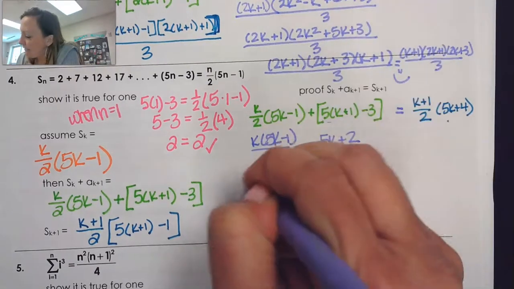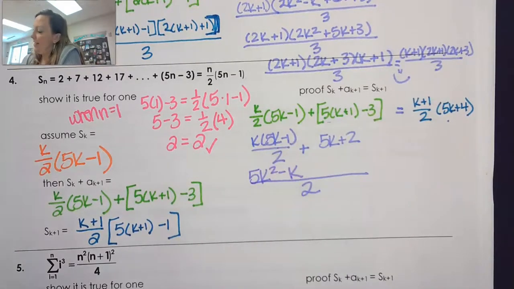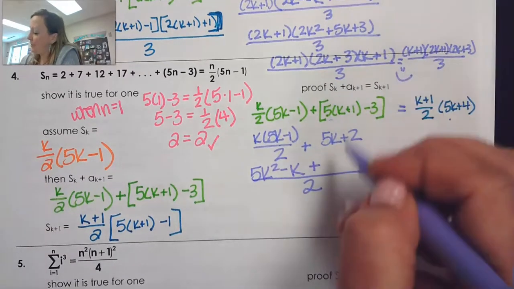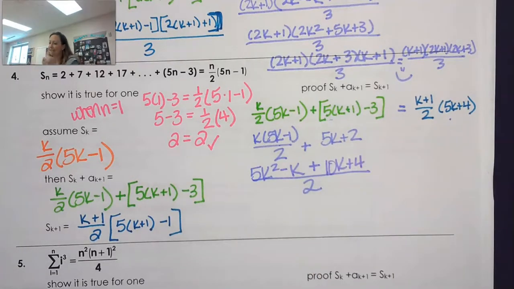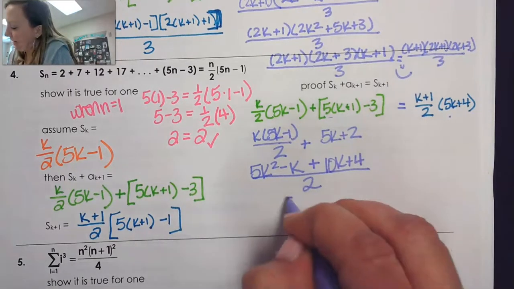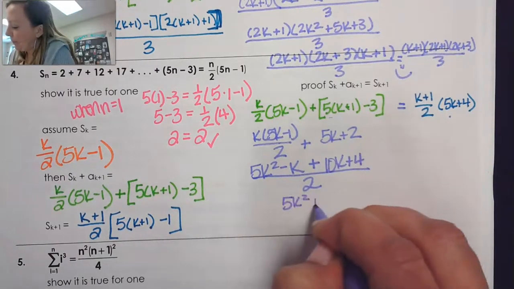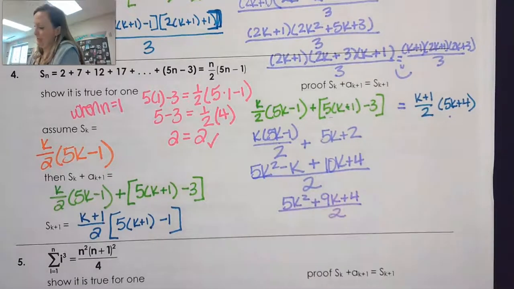Let's turn that into 5k squared minus k. And then what would happen to 5k plus 2 if I put it over 2? 10k plus 4. Beautiful. So then that's 5k squared plus 9k plus 4 over 2.